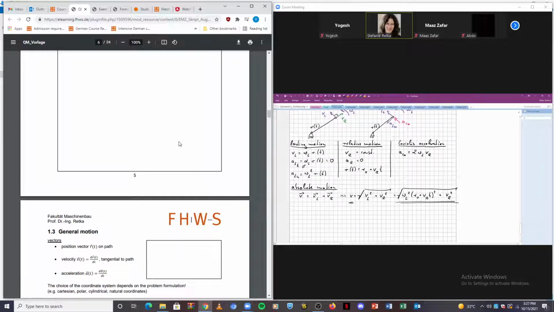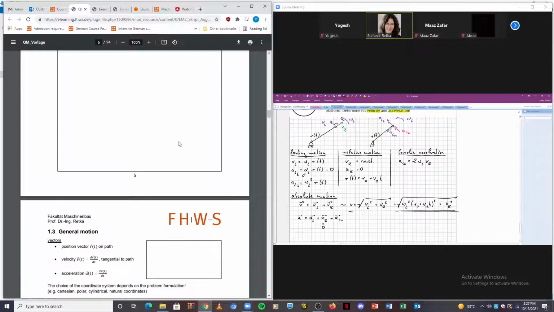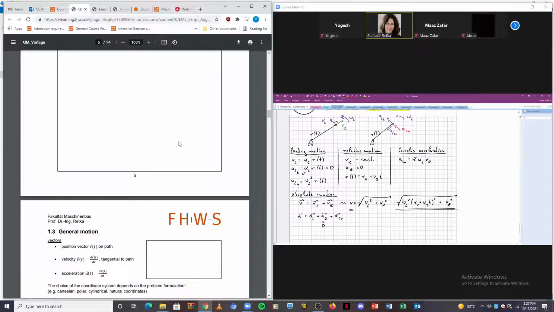Okay. And then for the acceleration, we start out with the vector equation AL plus AR plus A Coriolis. Our relative acceleration is 0, and our tangential acceleration is 0 as well. So we only have two vectors, again, which are perpendicular to each other.